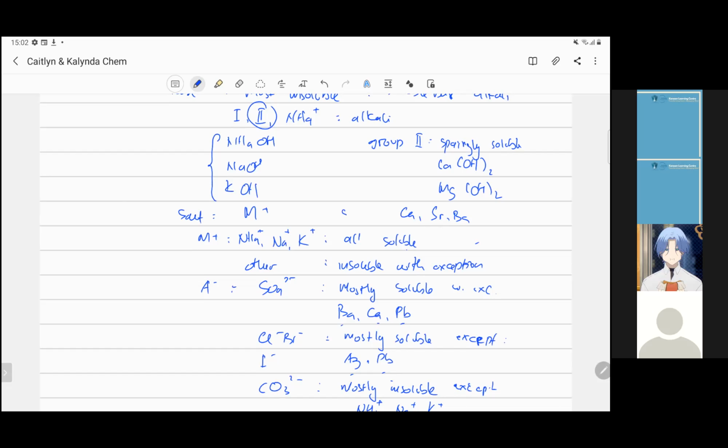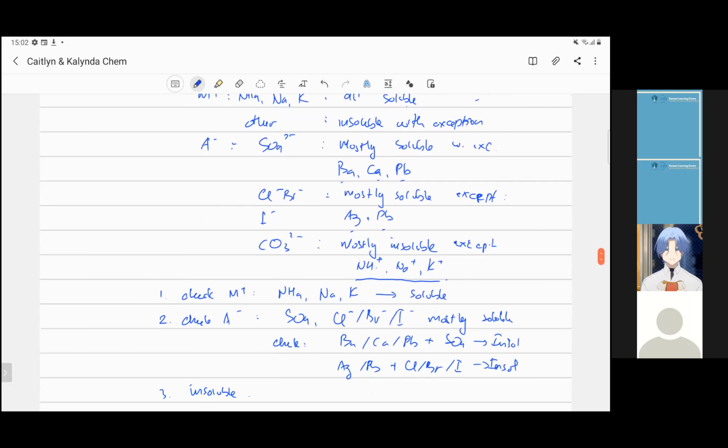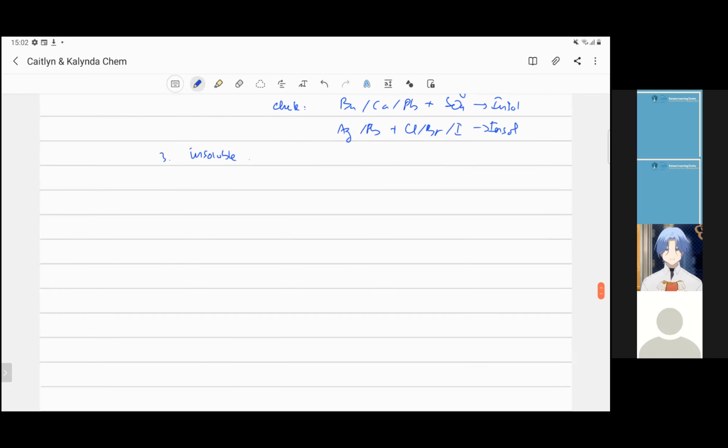This is the soluble group for group 2. Magnesium is not. Now we know some salts are soluble, some not. Some alkalis are soluble, some alkalis are not. With that, we can see there are 4 cases possible.